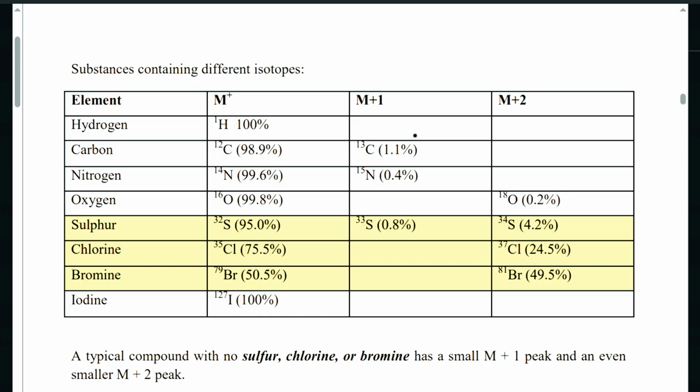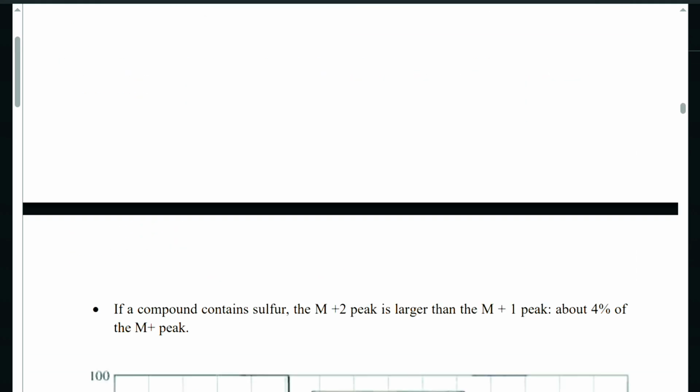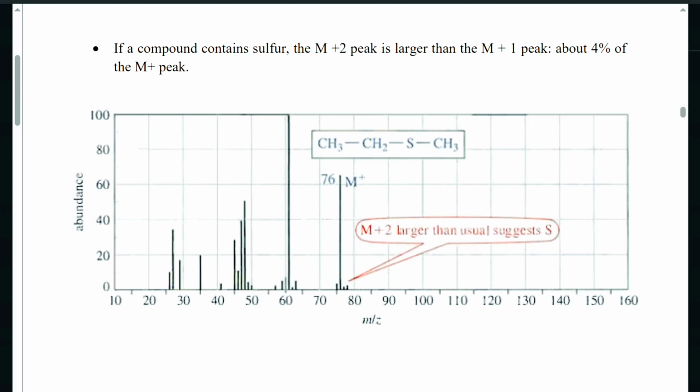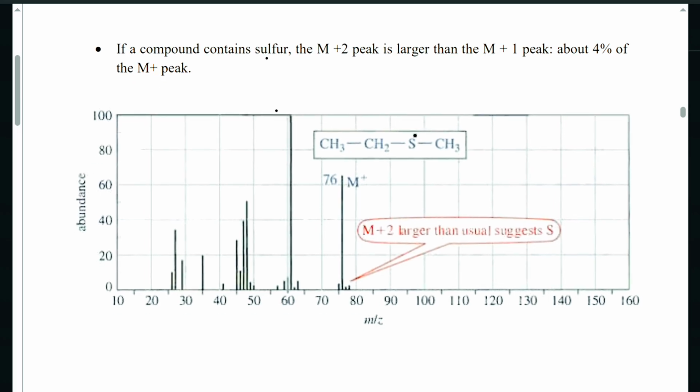But if a compound contains sulfur, the M plus 2 peak is larger than the M plus 1, about 4% of the M plus. Looking at this structure, this compound contains sulfur.